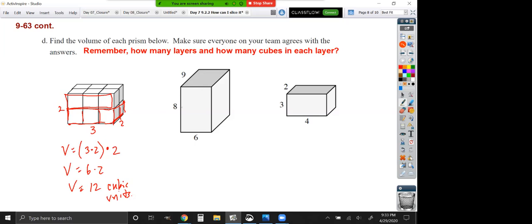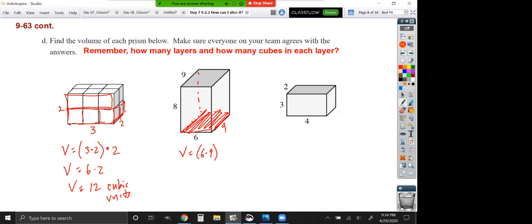Now, as the numbers get bigger, it becomes more and more difficult to draw the individual cubes. If I asked you what is the area of this base, how many cubes could you put across this 6 by 9 base? Then I know the volume is going to have a 6 times 9 base.